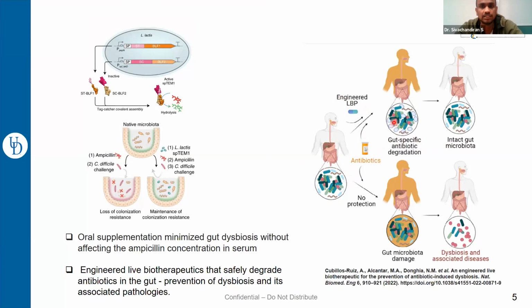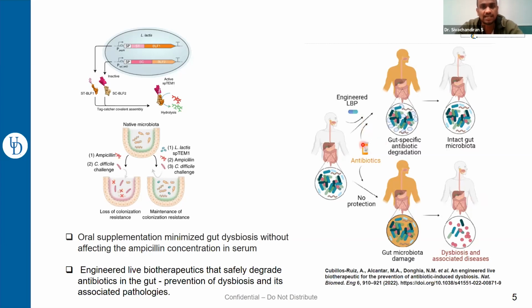They parallelly did two studies: antibiotics with the engineered Lactobacillus, and the other group with just antibiotics. When they gave just antibiotics, they observed a lot of the good microbiota get destroyed. It created imbalance in the gut, and it also leads to secondary infection and causes other diseases as well.